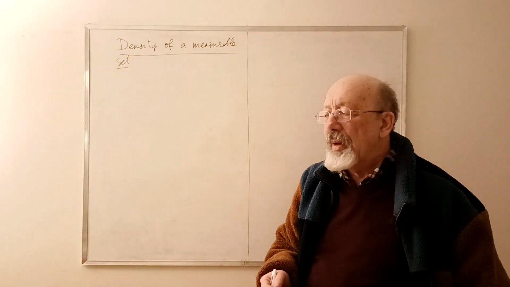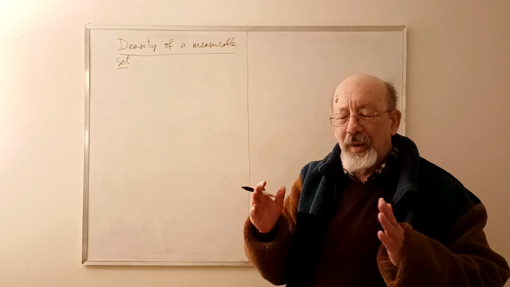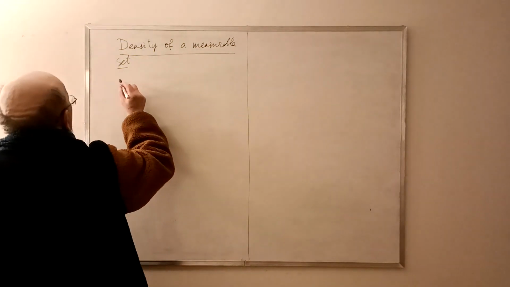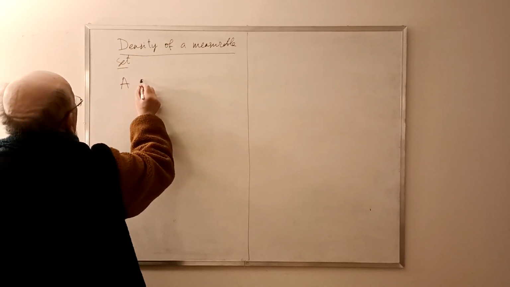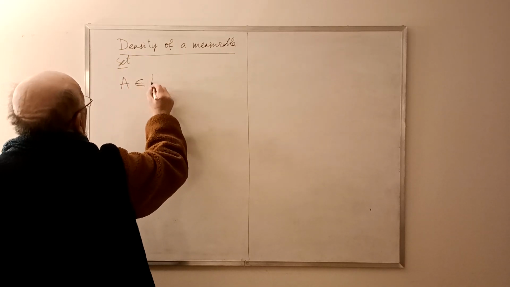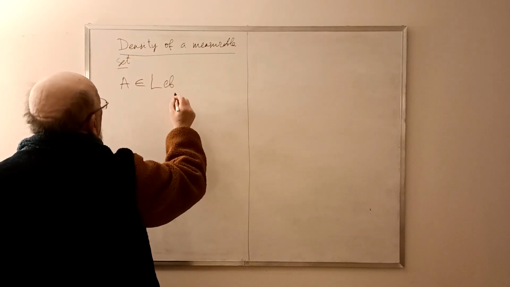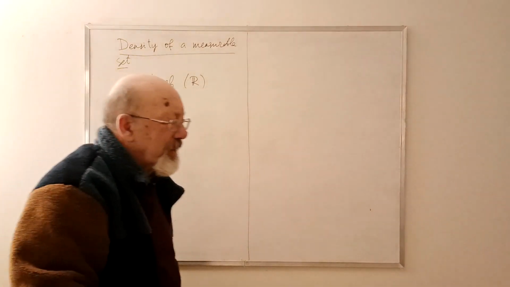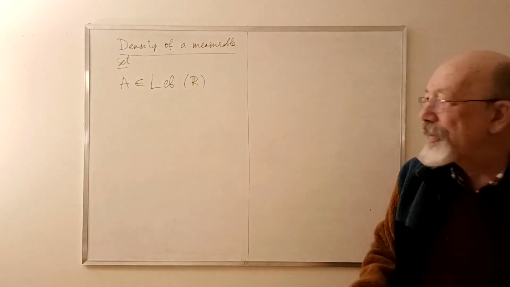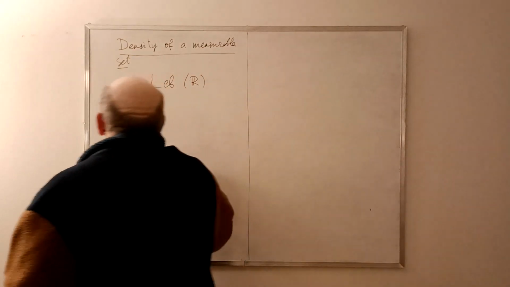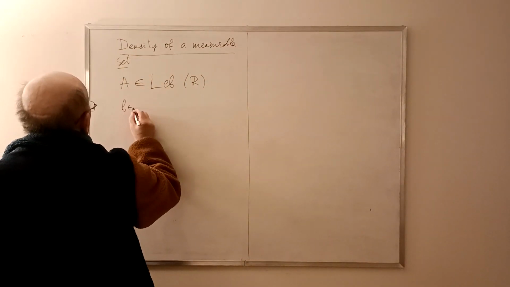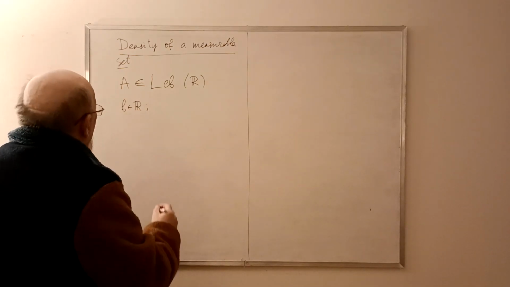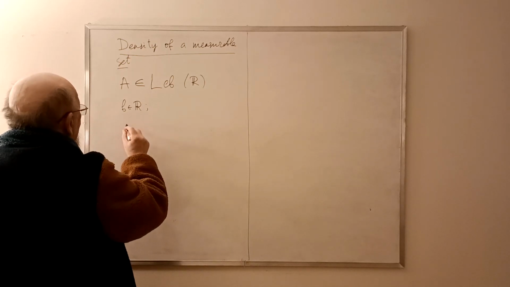And the question is the following: given a set A, a Lebesgue measurable set on R, and taking a point b in R, consider the following thing.